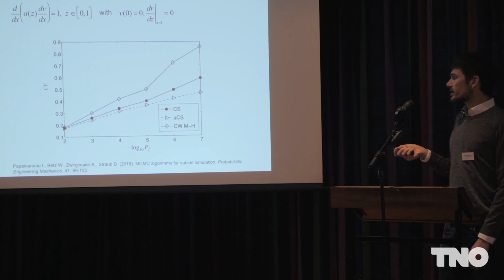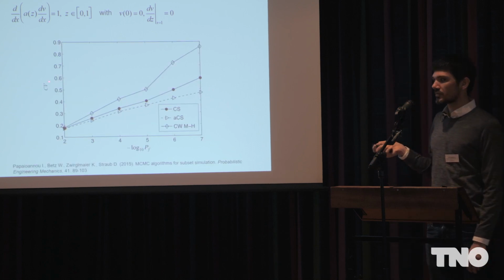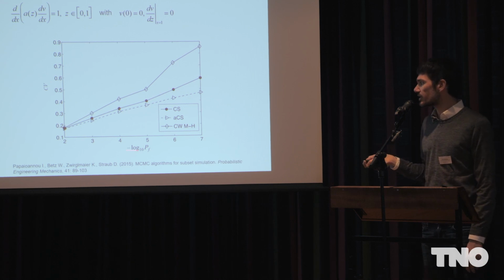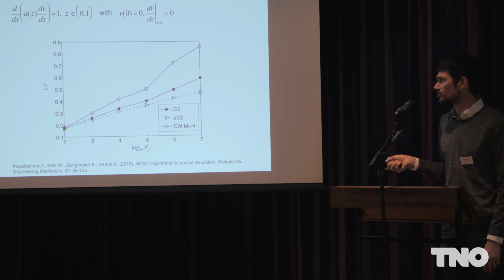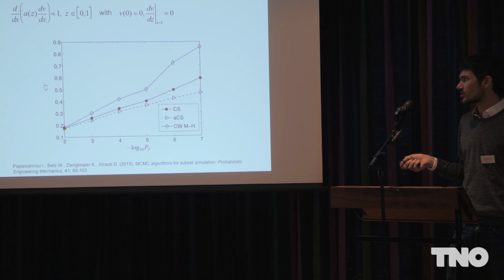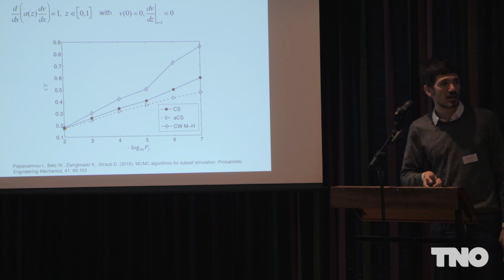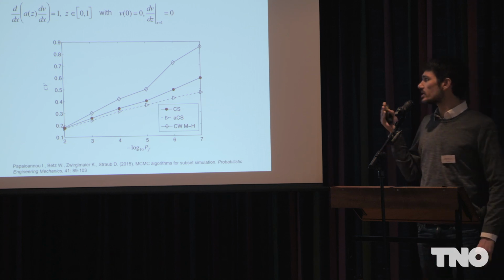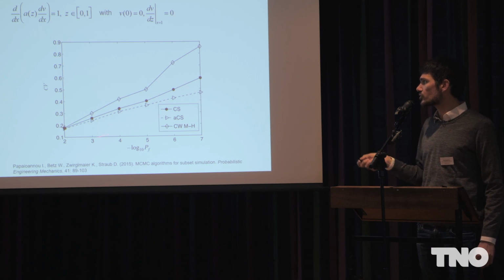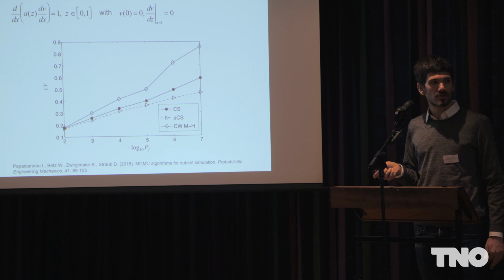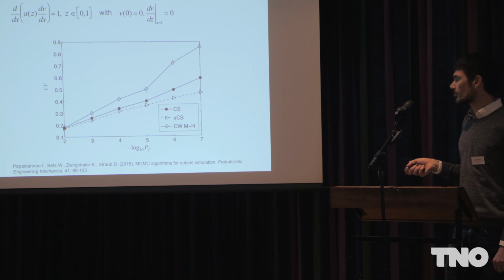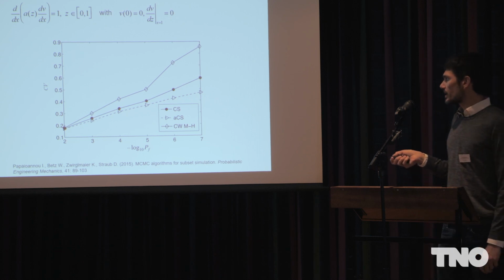What you see here is the coefficient of variation of the probability estimate with decreasing value of the failure probability. So here we have 10 to the power of -7, here 10 to the power of -2. Okay, we know that this coefficient of variation should decrease more or less linearly with the logarithm of the failure probability when we apply subset simulation.